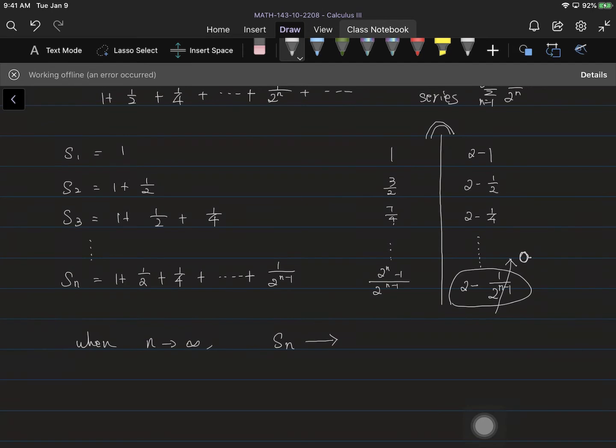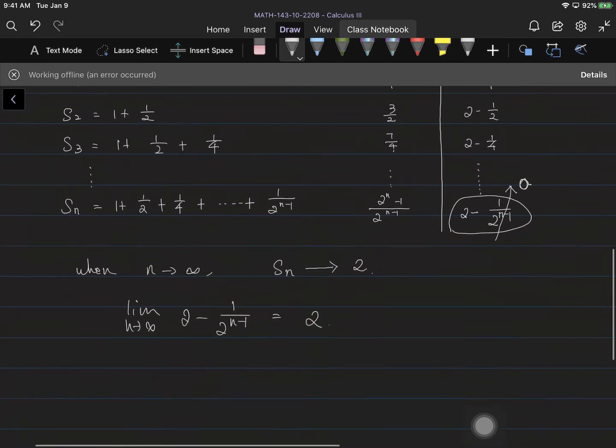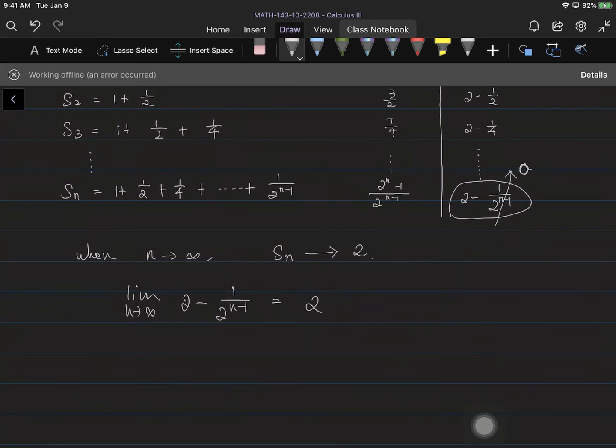So Sn goes to 2. Right? We can also write it the other way, 2 minus, okay, this is Sn, whose limit is 2. A different way to write down the limit. So when the partial sum has a limit, or the limit exists, we say the series converges, otherwise it diverges.